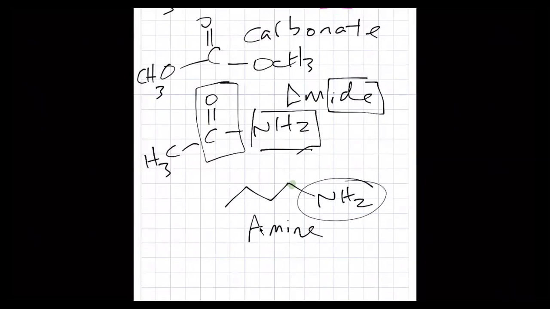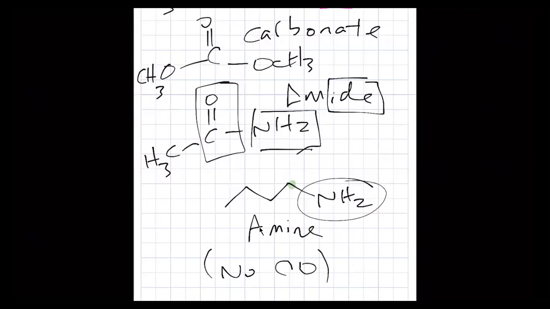The amine has no CO, right? But the amide does. Y'all know what a CO is, right? Yeah. Okay, good. Maybe it'll make sense in the by and by, maybe by lunchtime. But the amine has a nitrogen, but it doesn't have a carbonyl adjacent to it, right? So it's just a free nitrogen.